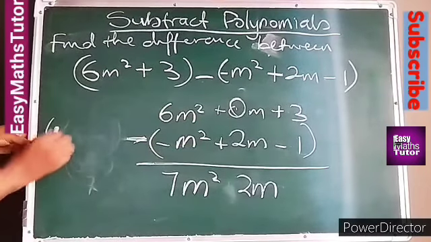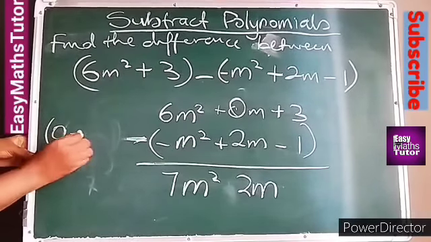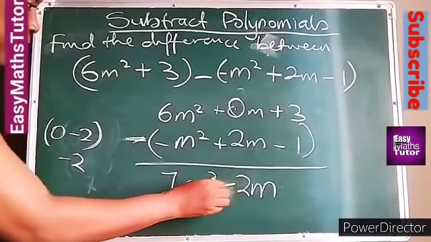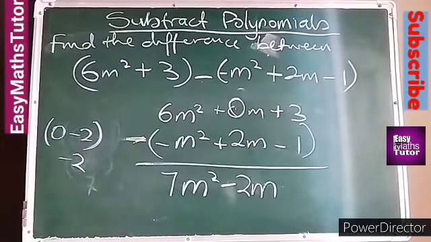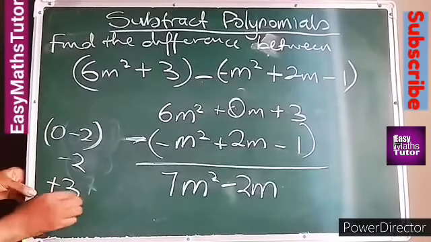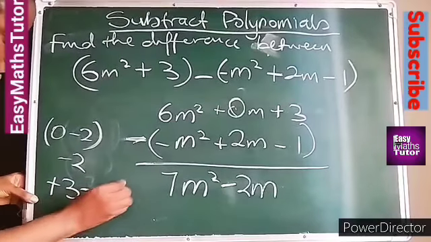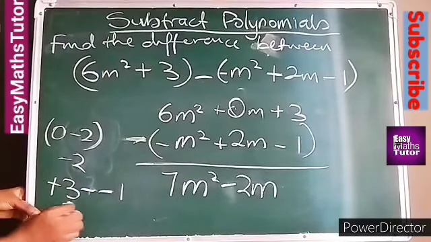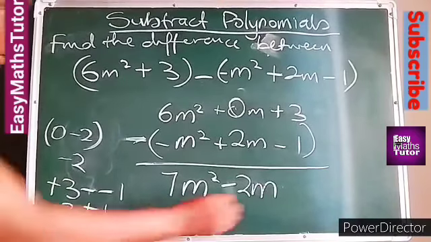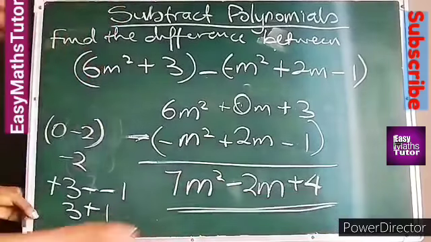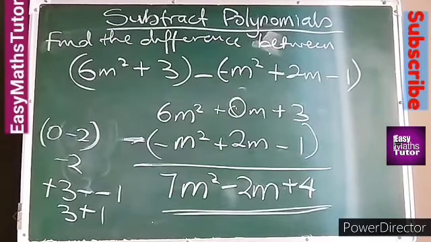So it's going to be 0 minus 2, which is minus 2. So this answer will be minus 2. And then the last one, we have plus 3 minus 1. So that will give us 3 plus 1, which is the same thing as 4. So this is our answer for subtraction of polynomials.